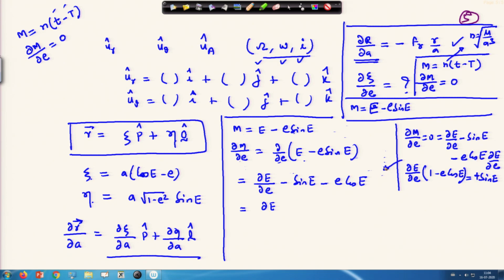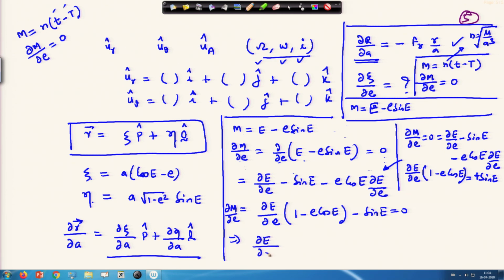So the same thing I am writing here in a little better way: ∂E/∂e (1 − e cos E) − sin E equals 0, and this implies ∂E/∂e equals sin E divided by (1 − e cos E), and this is the equation we are going to utilize.